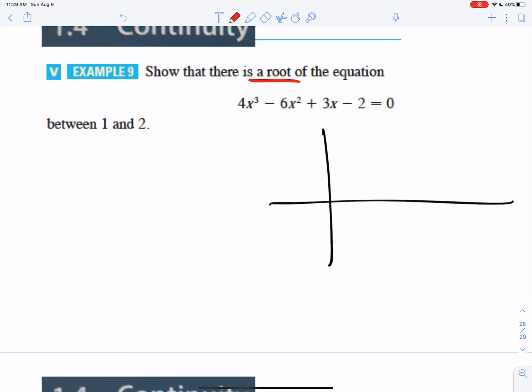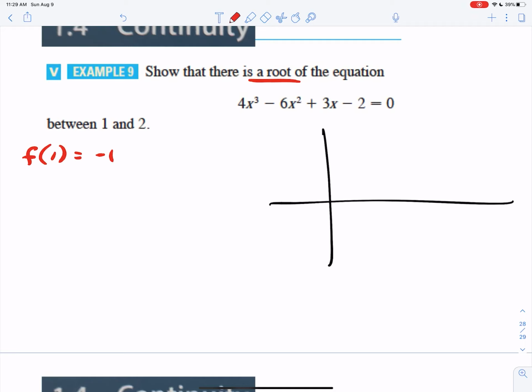So, here's what we're going to do. We're going to plug in 1 into our function. And you could do this by hand or use a calculator. I'll leave it up to you. I'll try to just do this here. Let's see. I believe when you plug in 1, you get -1. I could be wrong.